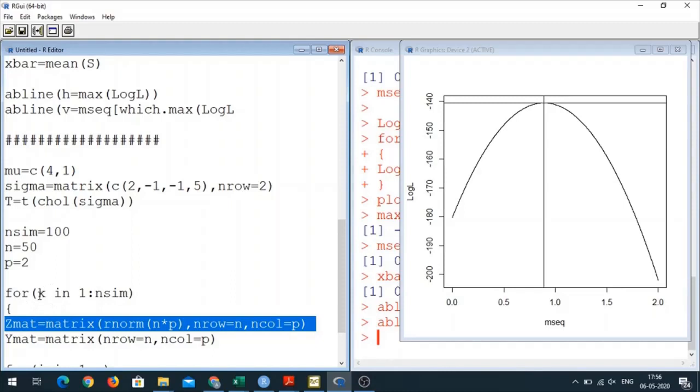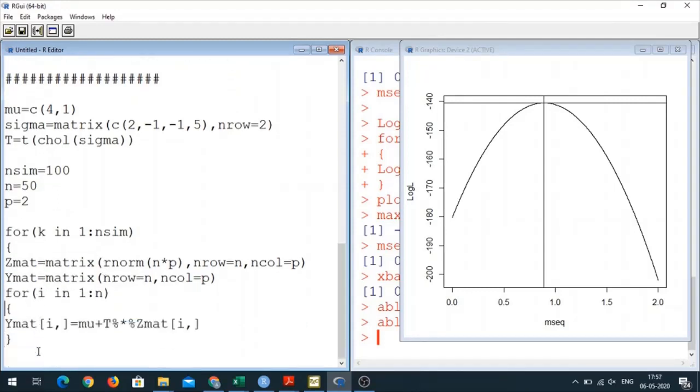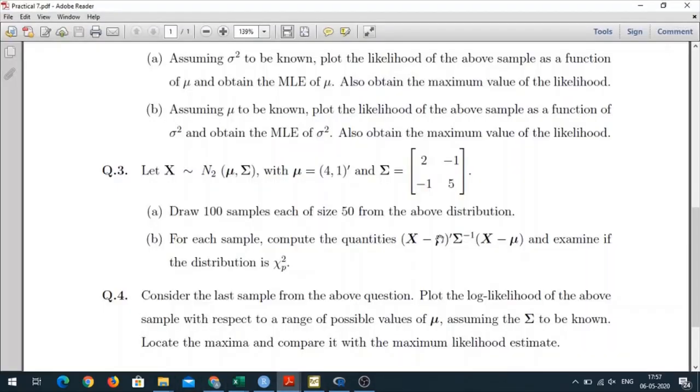For every simulation, first I'm going to draw a sample from standard univariate normal, then I'm going to transform that sample to multivariate or bivariate normal, and on that bivariate sample I have to compute this quantity, x minus mu prime sigma inverse x minus mu.